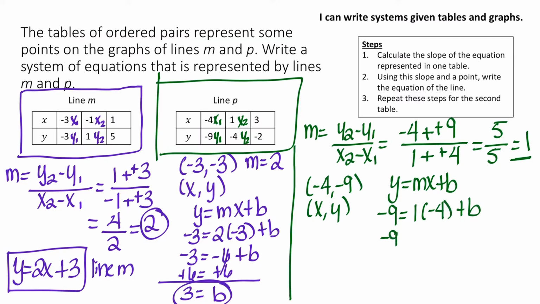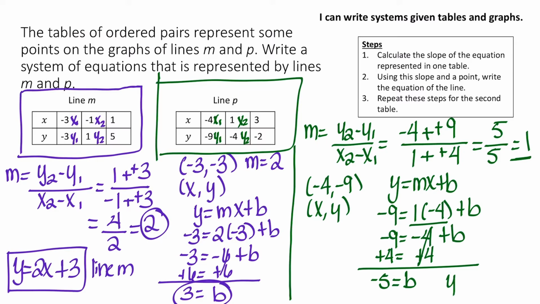So I have negative 9 equals 1 times negative 4, which is negative 4, plus b. So now I'm going to add 4 to both sides to solve for b. So when I do that, I get negative 9 plus 4, which is negative 5, equals negative 4 and plus 4 cancel. So I have negative 5 equals b. So I have y equals 1, which is my slope, 1x minus 5.